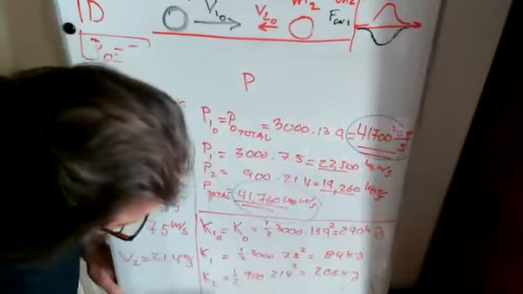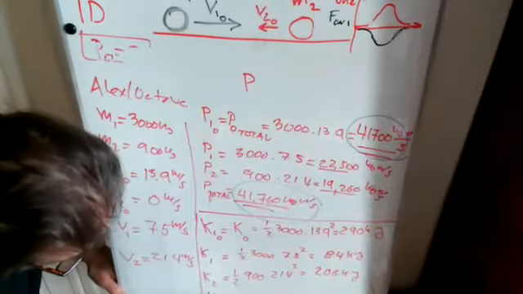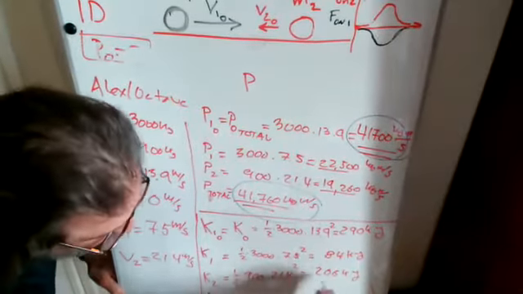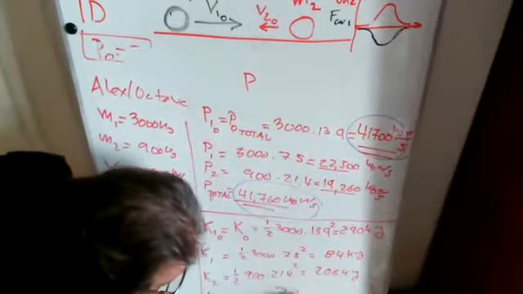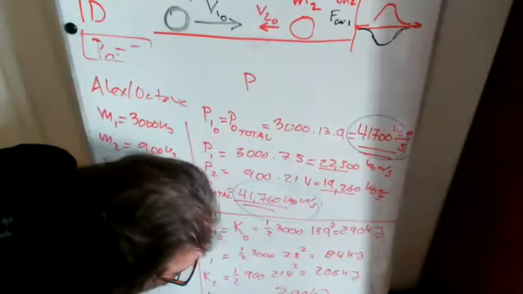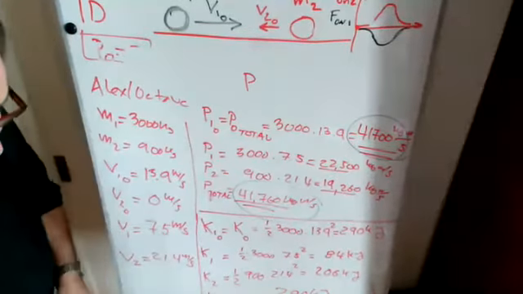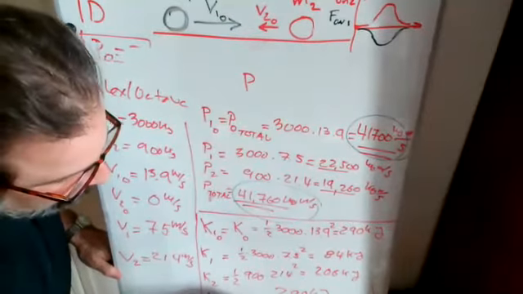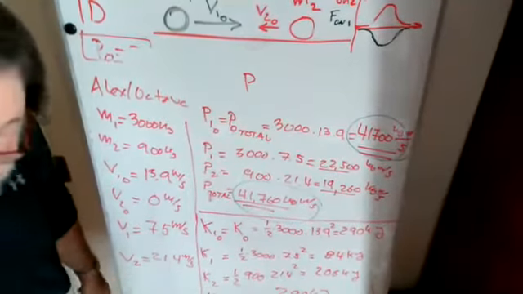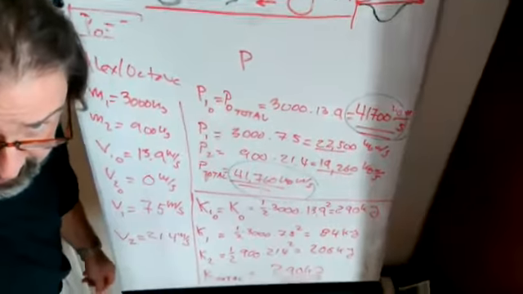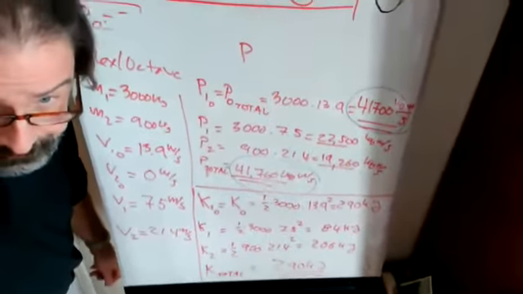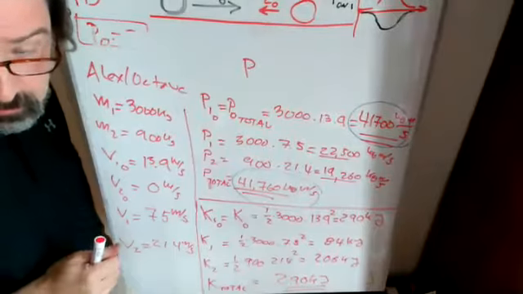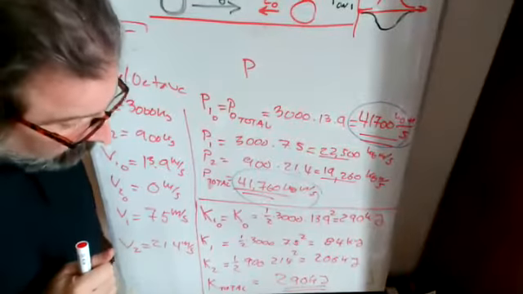But in total, if we take the total kinetic energy after the collision, it's 206 plus 84 is 290 kilojoules. Okay, well, that means that in total, these two objects have 290,000 after the collision, and that's the same energy our first object had before the collision. So kinetic energy is conserved. Boom, that's the result we have.